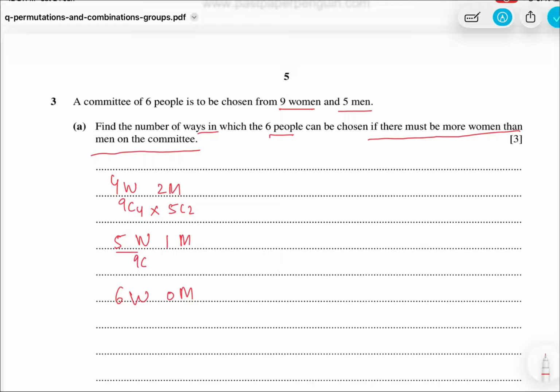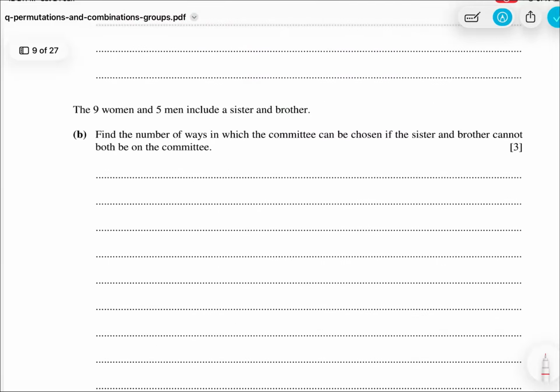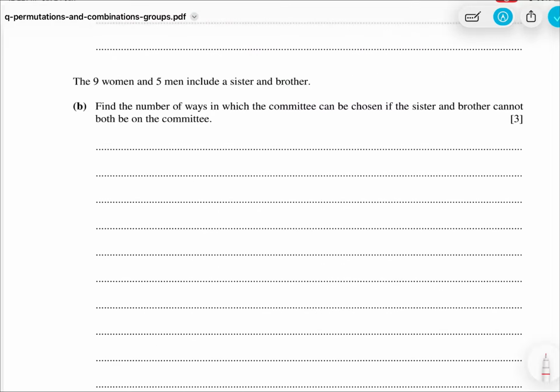So 9C5 times 5C1 and 9C6, and we will get the answers 1260, 630 and 84. And then we will add, and then we will get a final answer. Easy. Okay, let us move on to the next question now. Now let's look at this question. 9 women, 5 men include a sister and a brother.